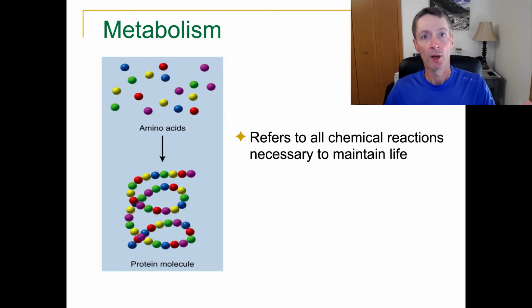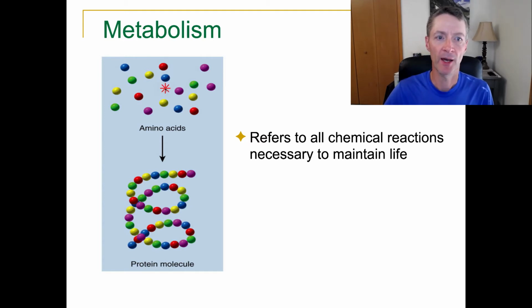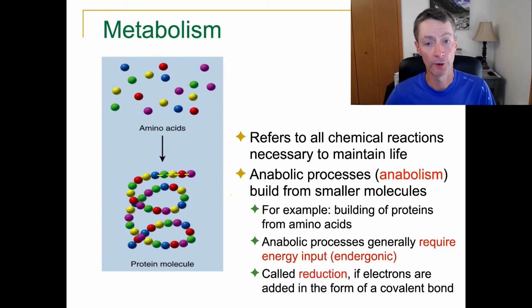Now, we could reference the half where we are building up. We're making bonds between these monomers, right? So here we have, again, the amino acids. Peptide bonds form between these, and those peptide bonds, we'll make it yellow here. So we make these peptide bonds in between these amino acids, and that would be making it larger, right?